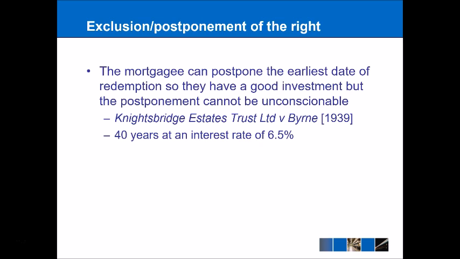This might seem unfair, and that was the complaint in the courts, but if you remember the principle from the Knightsbridge Estates case, it was this idea of unfairness or unreasonableness itself wasn't enough to justify the intervention by the courts. Instead, there has to be unconscionability. And in this particular example, even though it was perhaps unfair or unreasonable terms in the mortgage, they certainly weren't unconscionable, and so the mortgage was allowed to stand.